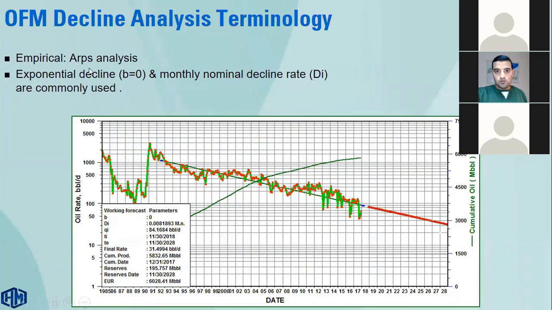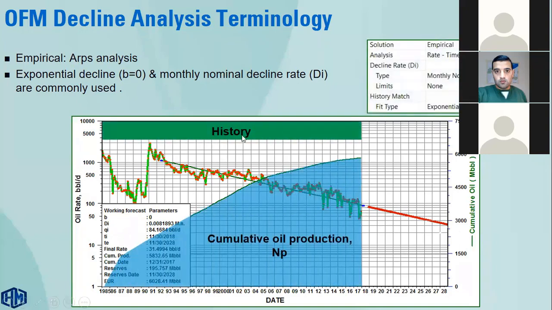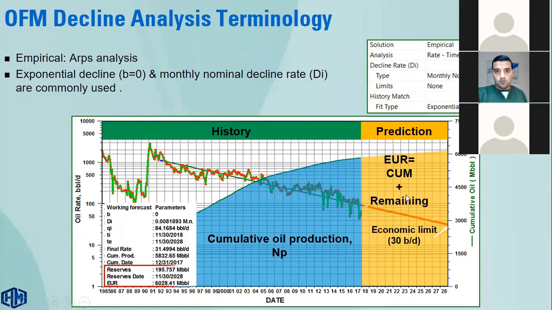Now, it's important to highlight the terminology of decline curve analysis in OFM. As you can see, we have this field data, oil rate versus time, and this is the history production for this well or even the entire field. So at this point, we have the history or actual production. And at this point, we have Np, or cumulative oil production, while at this point, we have the prediction or the predicted future for this well.